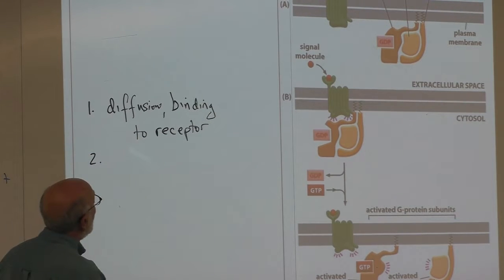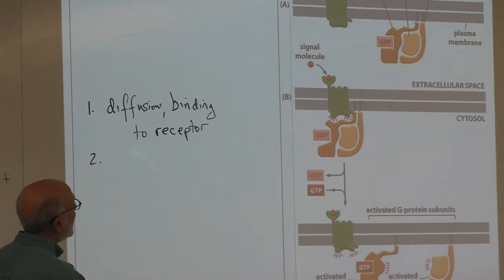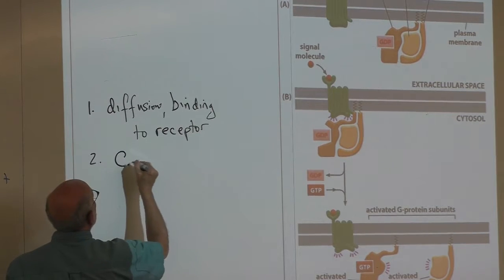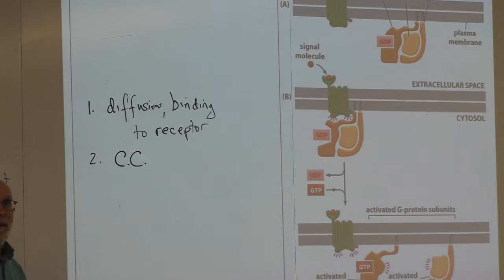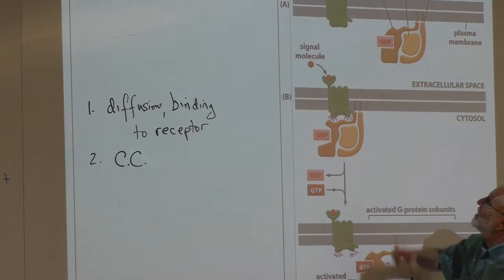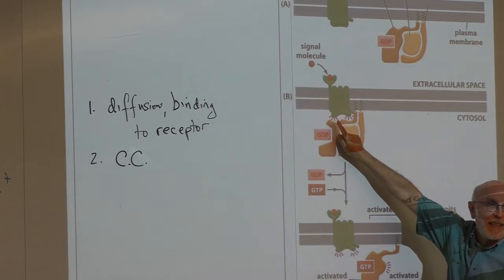Okay, what's the next step? I think we're still in B. Student: It triggers a conformational change in the receptor, which attracts the alpha, beta, gamma subunits. Okay, so the conformational change is being illustrated by these little red bars, right?